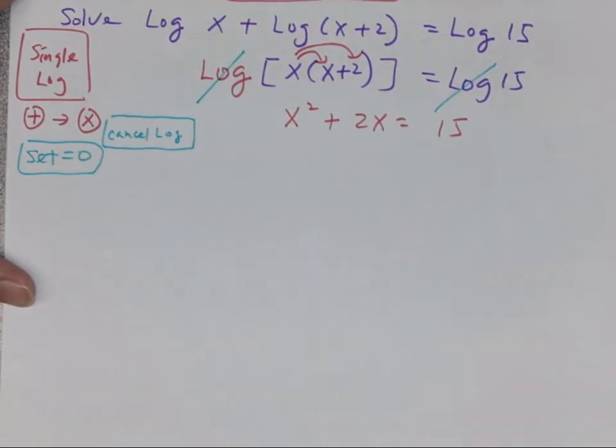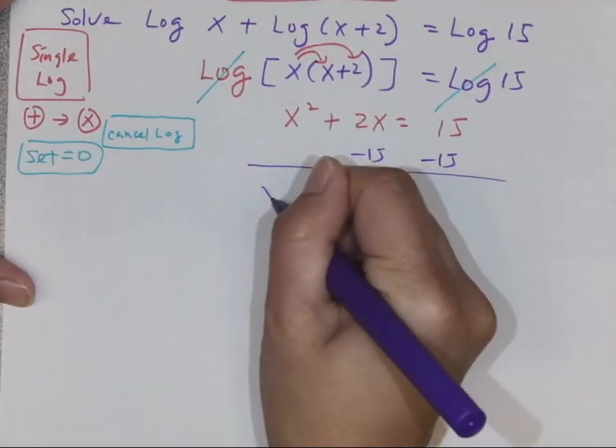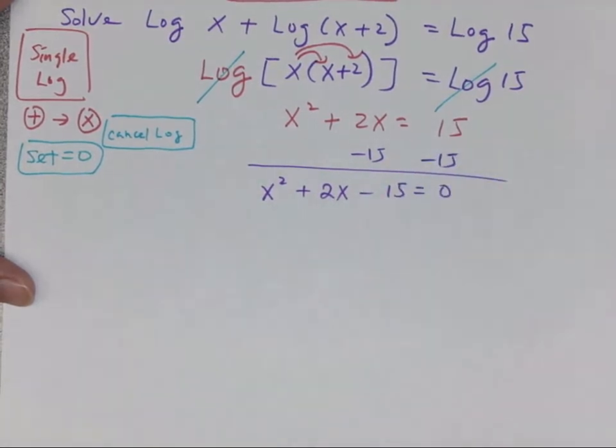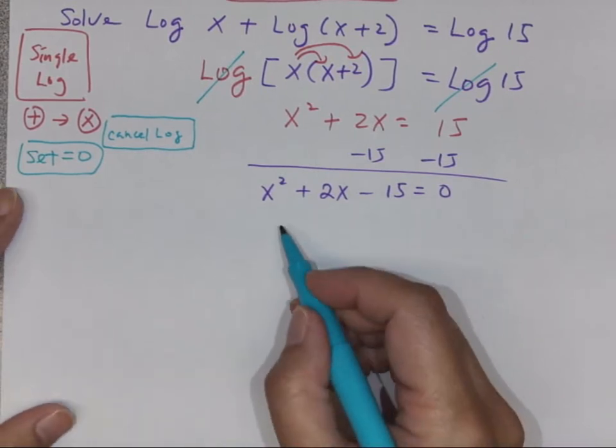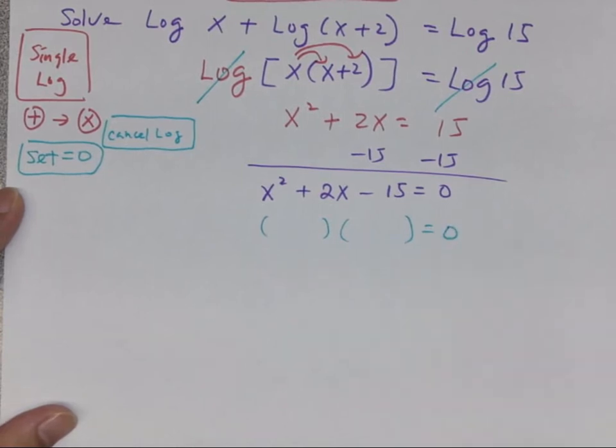Set it equal to 0 by moving the 15 to the left-hand side. x squared plus 2x minus 15 equal to 0. And then now what? You can use the AC method, or if you know how to factor quicker, you can do that also. So take a minute and see if you can factor this.